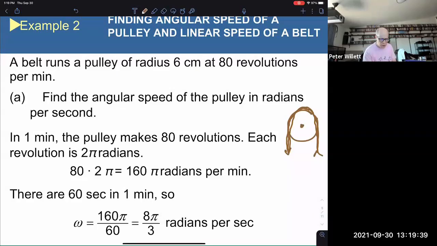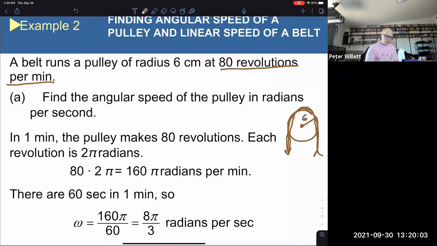We know that the circle has a radius of 6 centimeters and that it goes around at 80 revolutions per minute. So here's the tricky thing we have to figure out, 80 revolutions per minute. So first question is, find the angular speed of a pulley in radians per second. The angular speed, how much angle is changing?